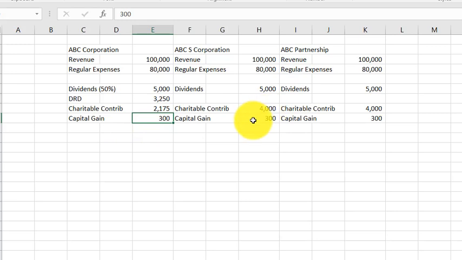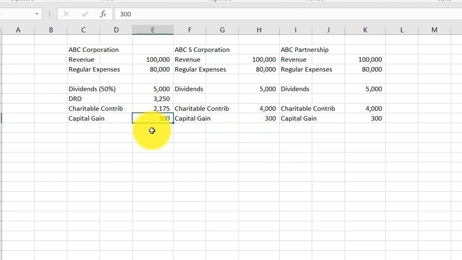Capital gains are just separately stated again for S corporations and for partnerships, meaning it will pass through on the K1 to the shareholders or partners. And then they will have to worry about whether it's long-term, short-term, regular tax rate, capital gains rates based on their tax situation. So that's the important differences.